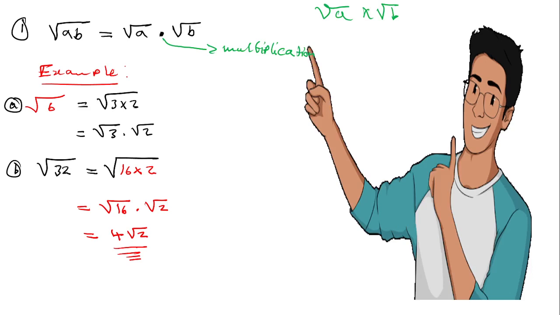But the square root of 2 is not a perfect number. It is a decimal. As a result, we can't find the square root of 2, or of 3, or of 5, and so on and so forth. So that's why we leave them just in terms of surds.